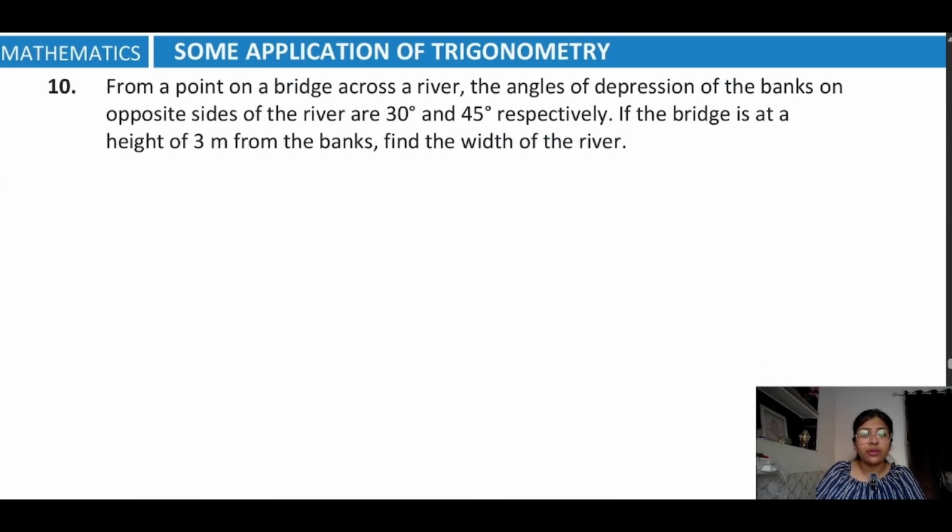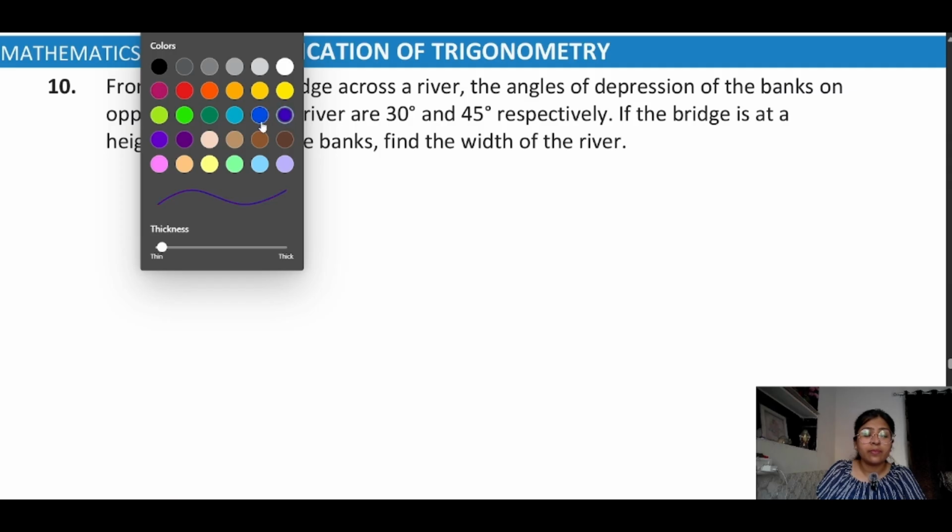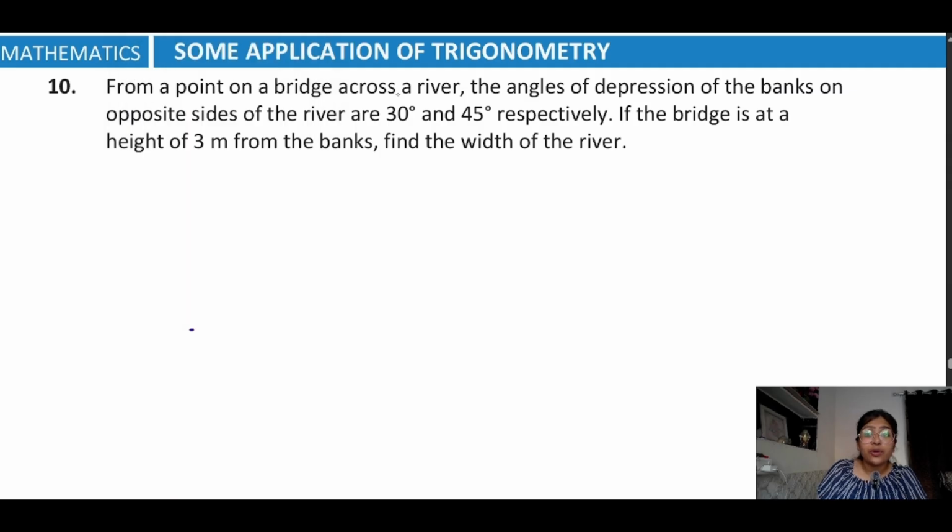Yes, form the figure. Read the question, pause the video and form the figure. Okay, from a point on the bridge across the river. There is a river, so the bridge is across the river, and there is a point on the bridge.